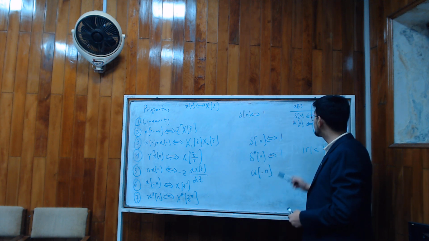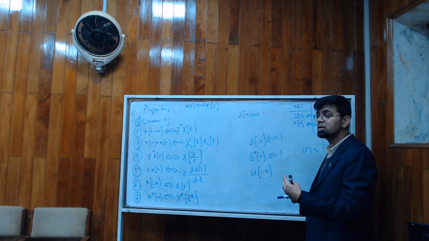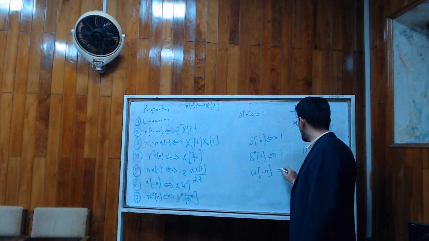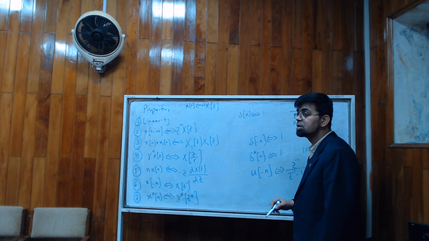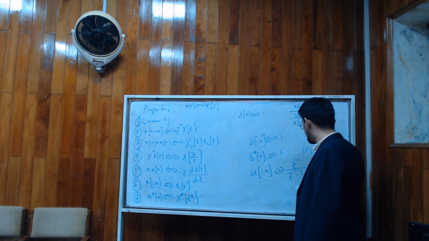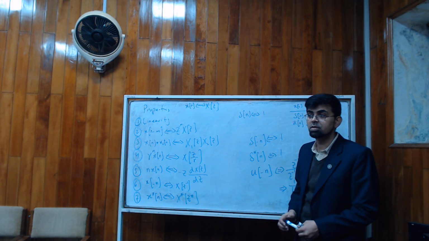One of you mentioned you just replace these z's by z inverse. So u[-n] corresponds to z inverse over z inverse minus 1. You could try to multiply and divide by z, just z, to simplify it. What will you get? This becomes 1. This becomes z times z inverse minus 1, which is 1 minus z. Agree?